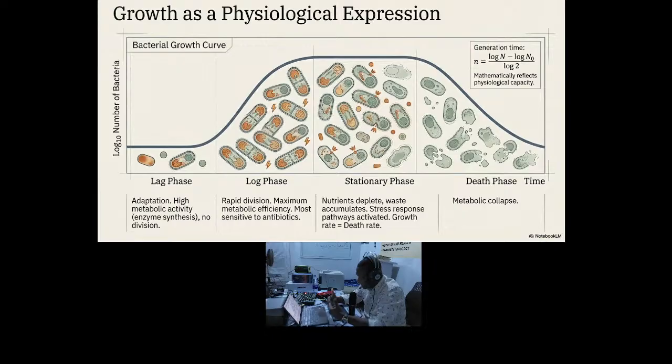So the nutrient is depleted, waste accumulates, and the stress response is activated. At that point, the number of deaths will be equal to the growth rate. That is why they call it stationary. If 20 are dying, 20 will be growing as well.